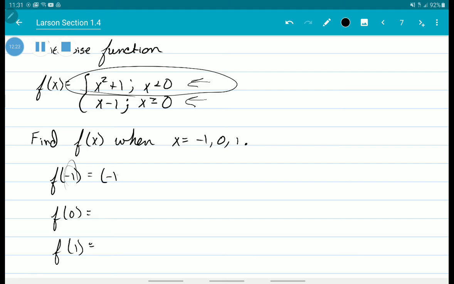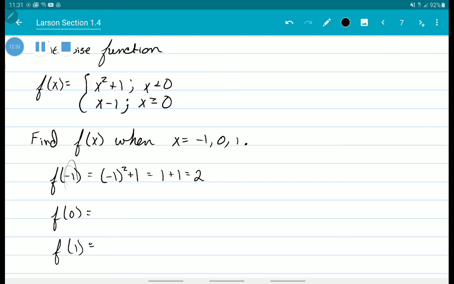So when we substitute in -1, we're going to get a value of 2. So there's our answer for this. That's our f of -1. So the point that's on the graph has an x-coordinate of -1 and a y-coordinate of 2.